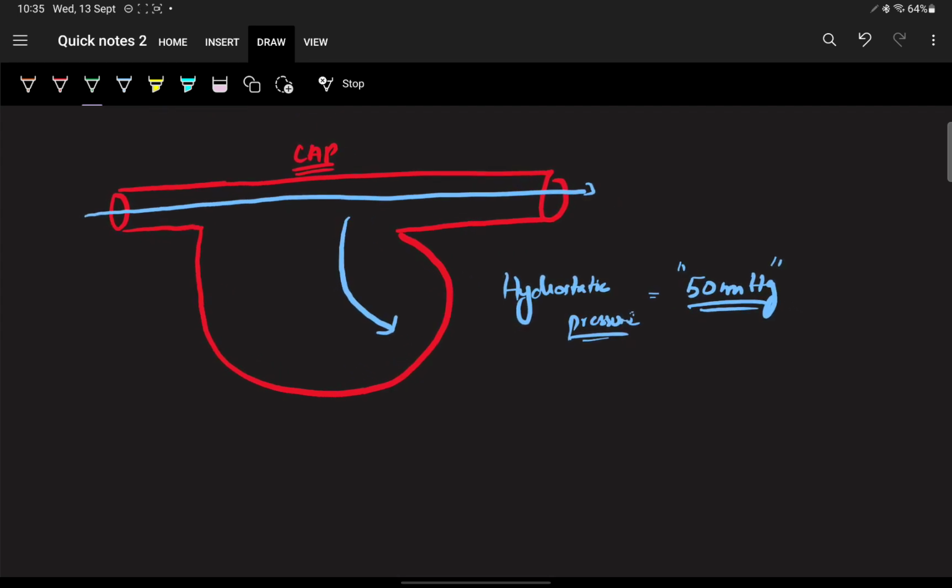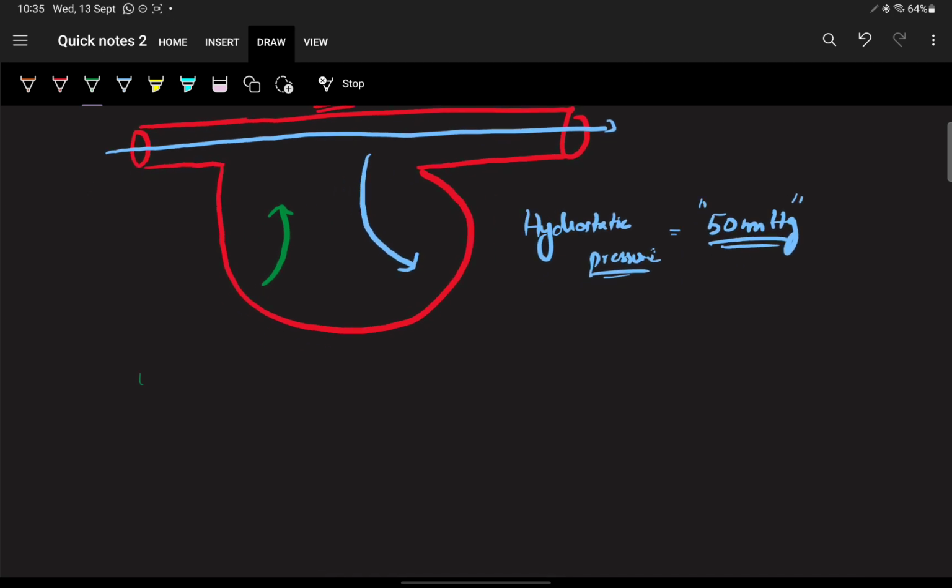Now if there is hydrostatic pressure there, obviously there should be oncotic pressure opposing that, right? So oncotic pressure is the pressure that is opposing the hydrostatic pressure, and this oncotic pressure is mainly dependent on proteins such as albumin. The oncotic pressure opposing the hydrostatic pressure is nearly 30 mmHg.